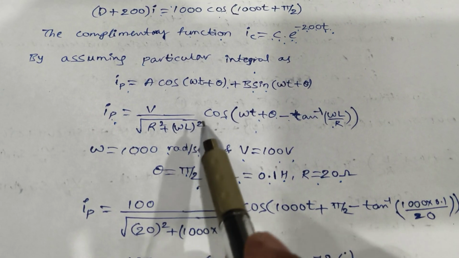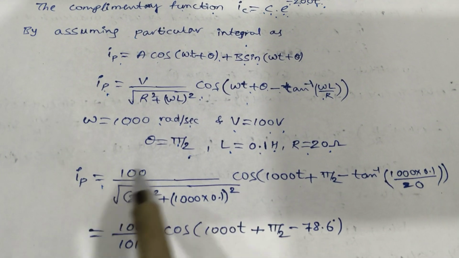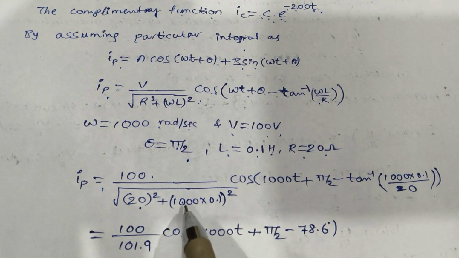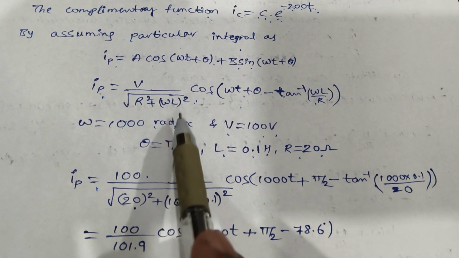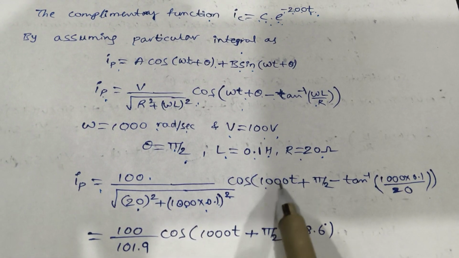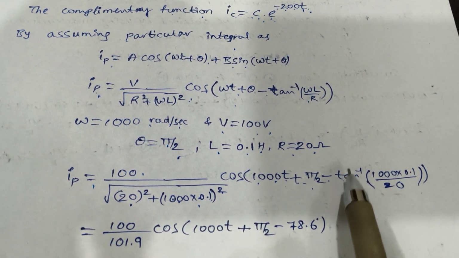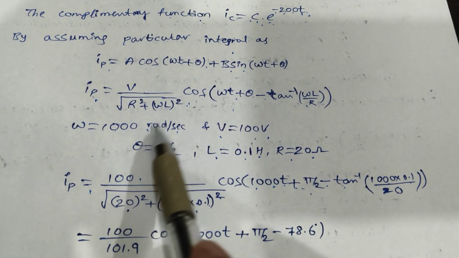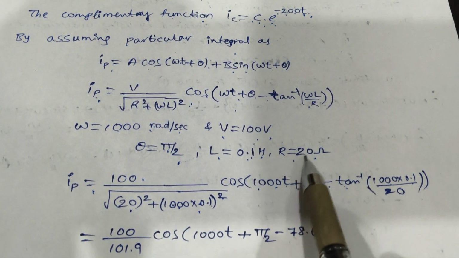By substituting all these values, I'll get i_p equal to 100 divided by the square root of 20 squared plus (1000 times 0.1) squared, because it is ω times L, times cos(1000 t + π/2 minus tan inverse of ωL/R), where ωL/R is 1000 times 0.1 divided by 20.